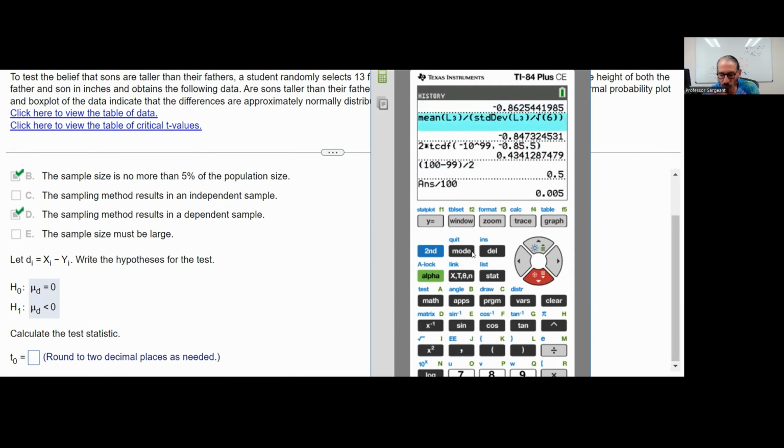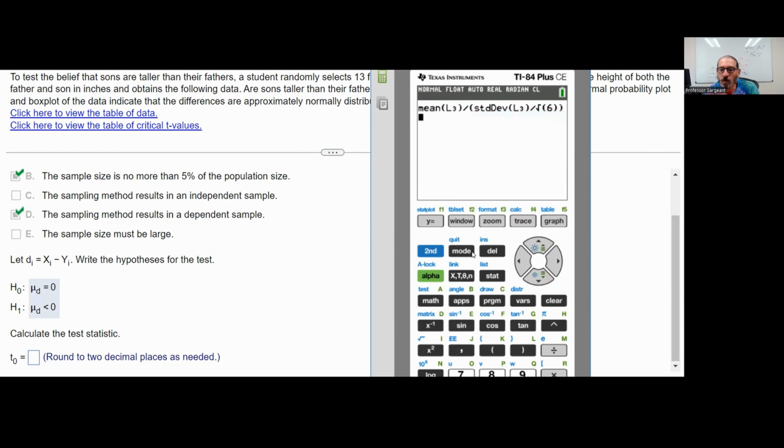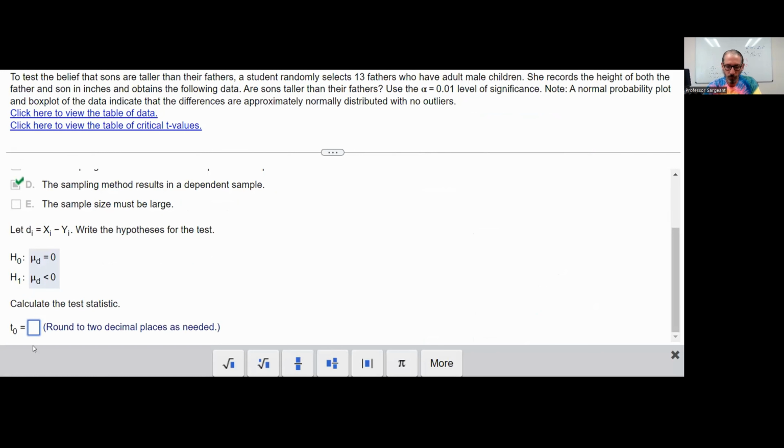In other words, subtracting 0, no difference there. So our D bar, the mean of the sample differences from list 3, divided by S sub D over square root of N. One thing I need to change here was that the sample size was 13. Coming up with, to 2 decimal places, 0.01.